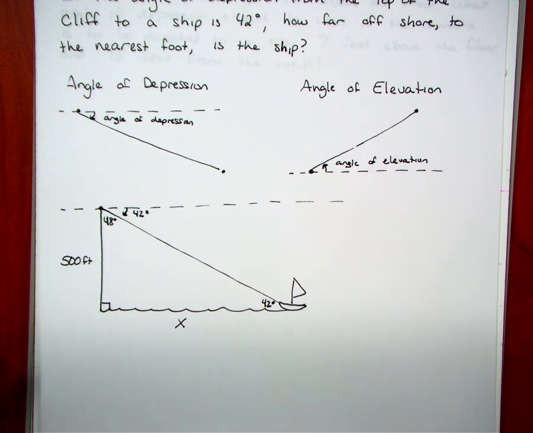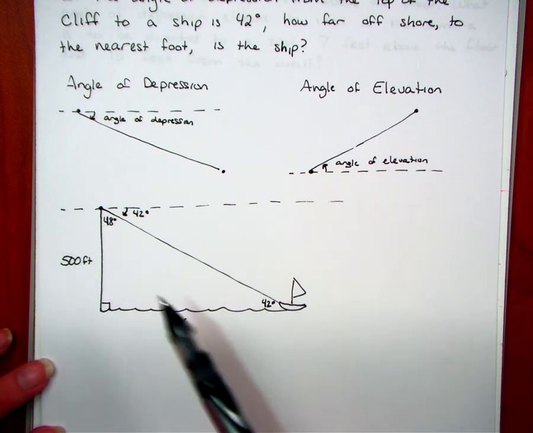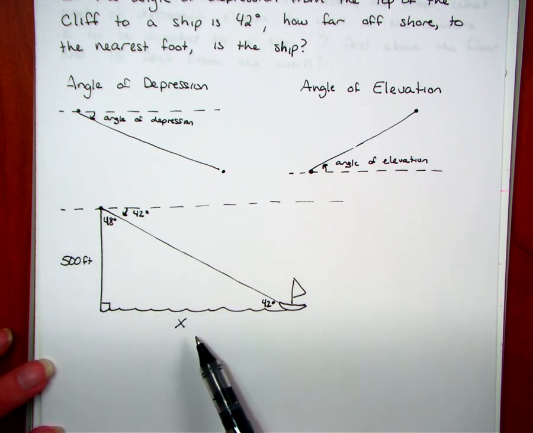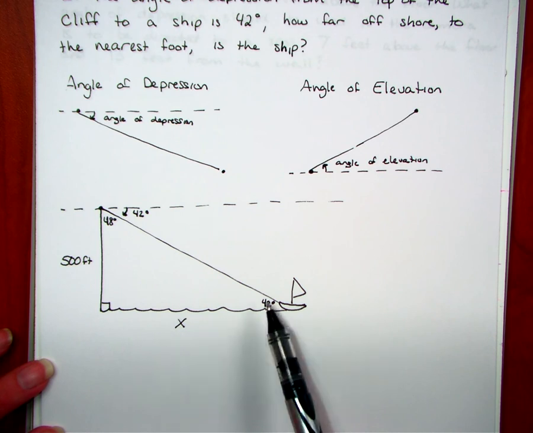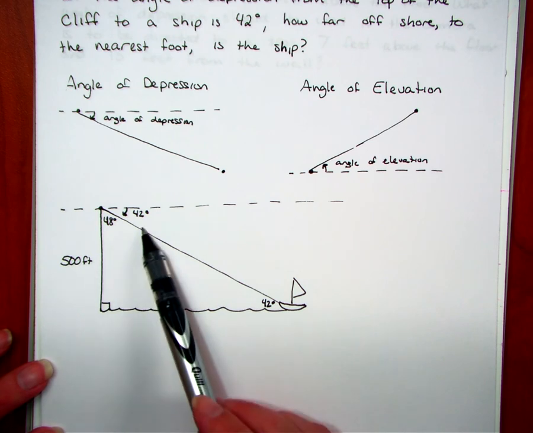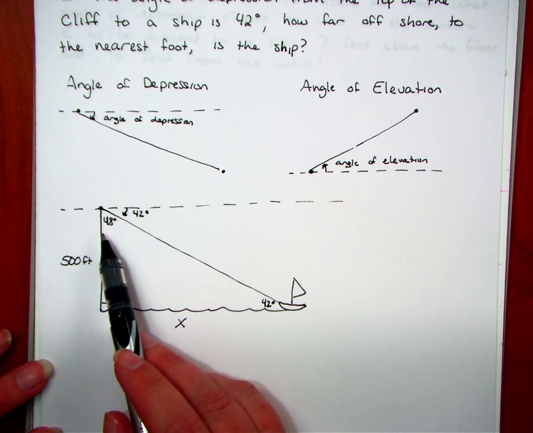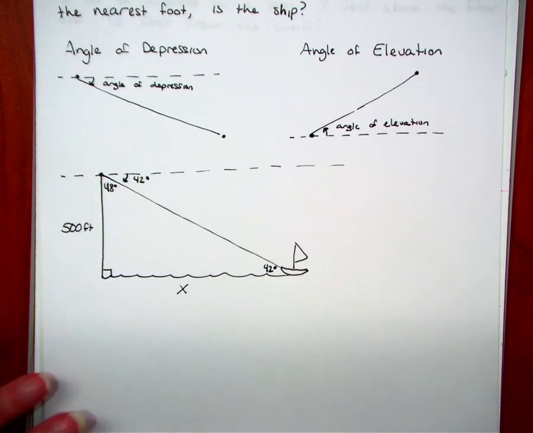I'd like to keep x on the top. So I could either do cotan of 42 and do adjacent over opposite, or I can do tangent of 48 and do opposite over adjacent. I'm going to opt for the tan function of 48 degrees.